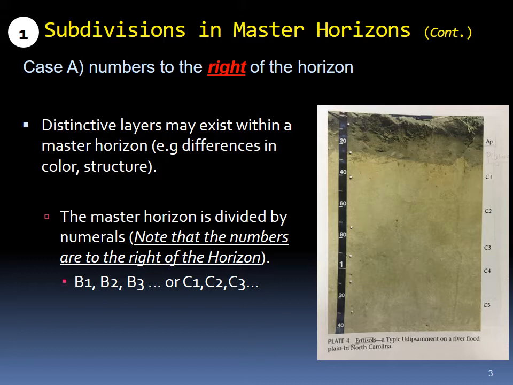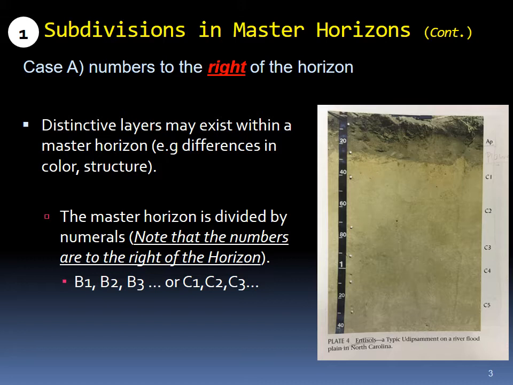So we distinguish them by giving them numbers, and those numbers are placed to the right of the horizon. You can have this condition not only for the C horizon, but for any horizon, as long as you have distinctive layers within that particular horizon.